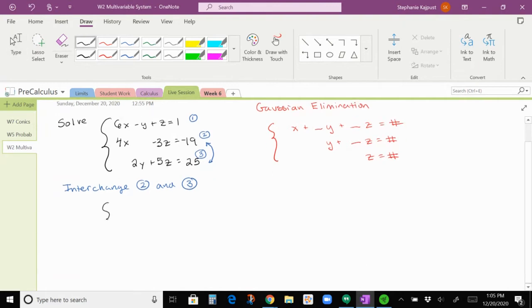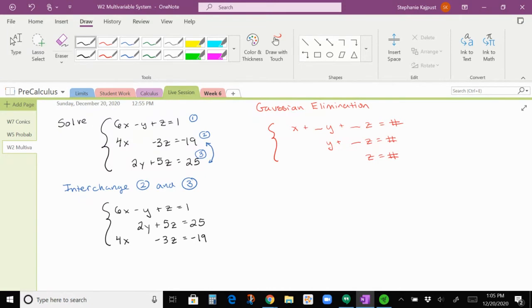And then we rewrite what we have. And so you want to make sure you have this curly brace because that is part of system notation. That's what indicates that this is a system. So you do need to have that symbol. And so now as my second row, I have 2y plus 5z equals 25. And then my third row, I have 4x minus 3z equals negative 19.